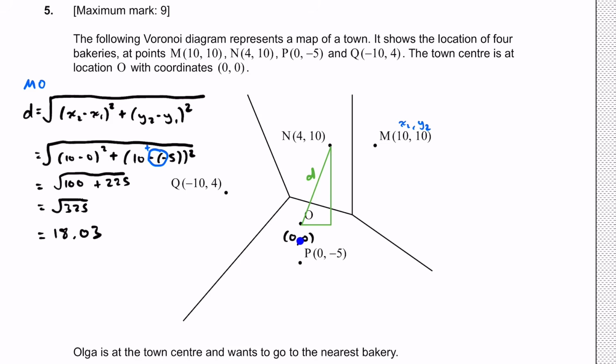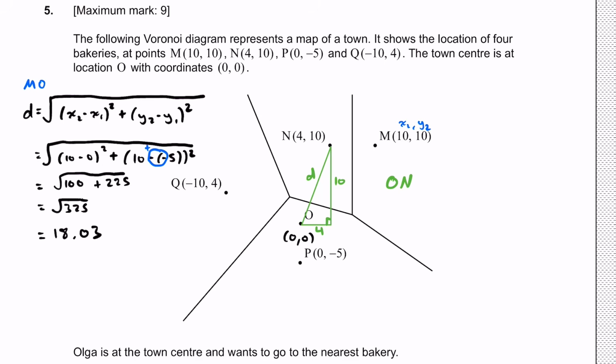So Olga's at 0, 0. What is the length of this leg and this leg for this right angle triangle? She's at 0, 0. 0 to 4 travels a distance of 4. And going from 0 all the way to 10 is a distance of 10. So if we wanted to find this value of D for ON, what do we have?